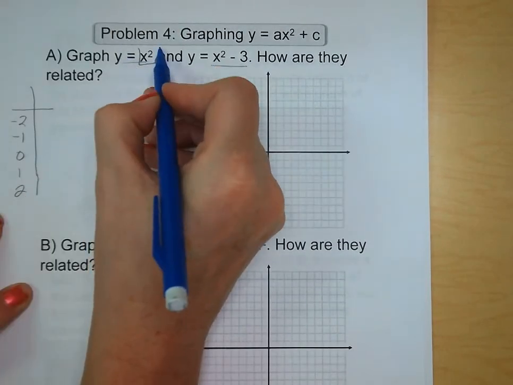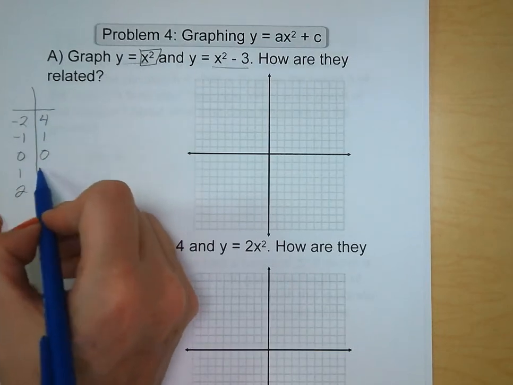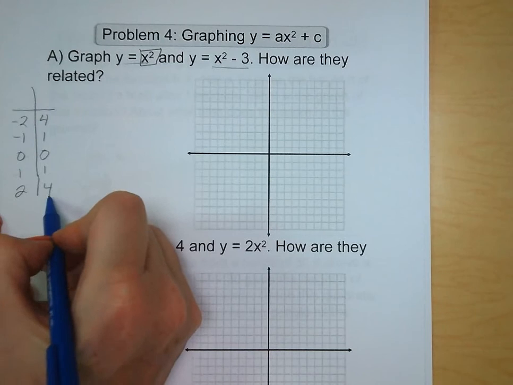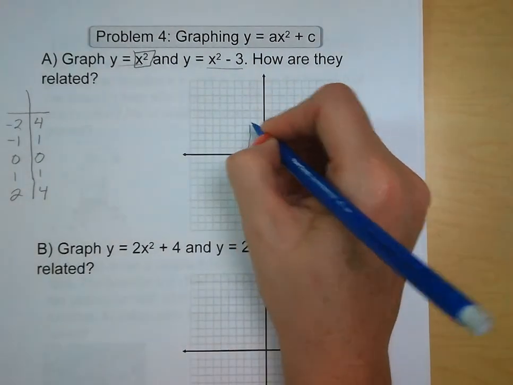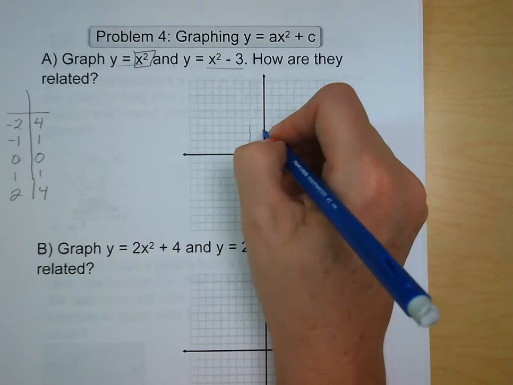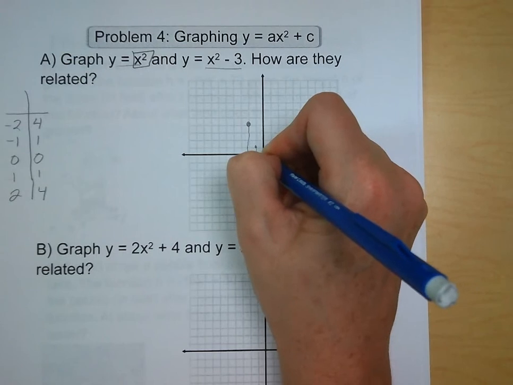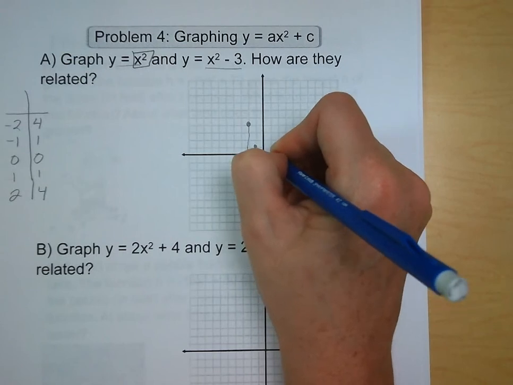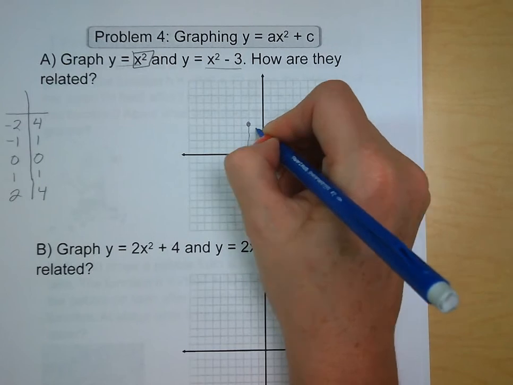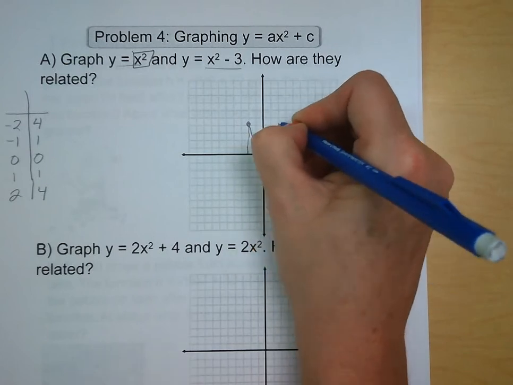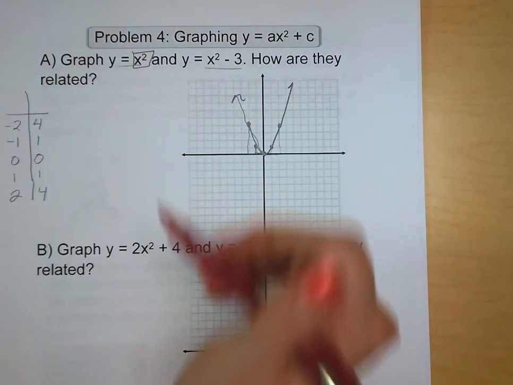And for y equals x squared, we've got 4, 1, 0, 1, and 4 as our outputs. So we can go ahead and graph that one. So we have points at (-2, 4), (-1, 1), (0, 0), (1, 1), and (2, 4). Okay. So we have those two.